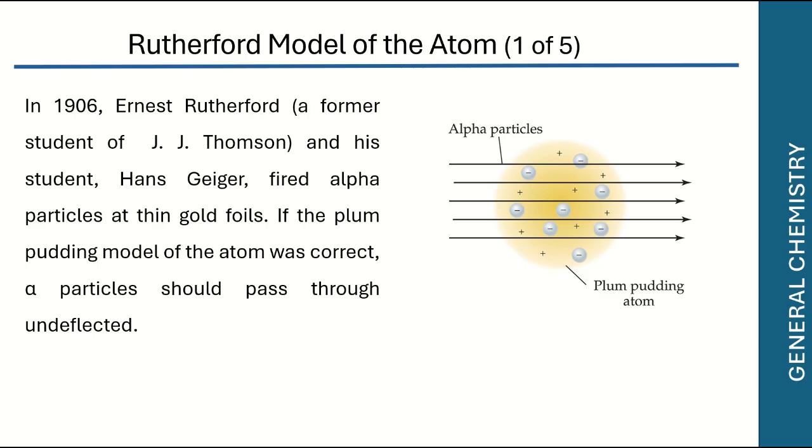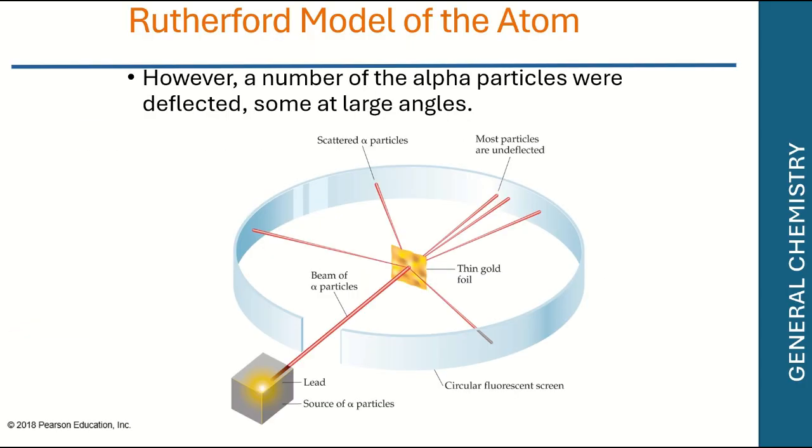In 1906, Ernest Rutherford, a former student of Thomson, and his student Hans Geiger shot alpha particles at thin gold foil. If the plum pudding model of the atom was correct, alpha particles should pass through undeflected, right? However, what happened over here is that some alpha particles were deflected.